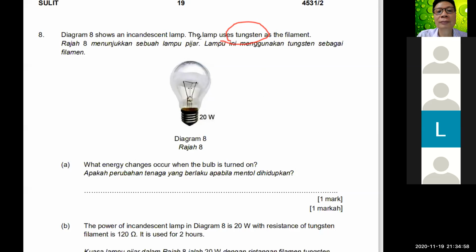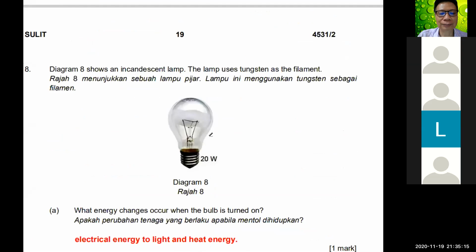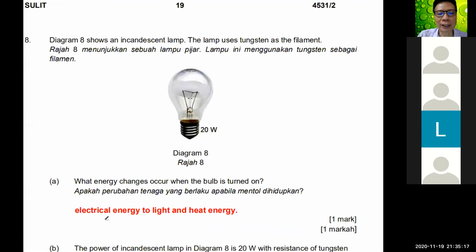Electrical energy to? Light. Light and? Heat. Yes, correct. Light and heat. The answer is here. Electrical energy to light and heat energy. Got two, light and heat together one.